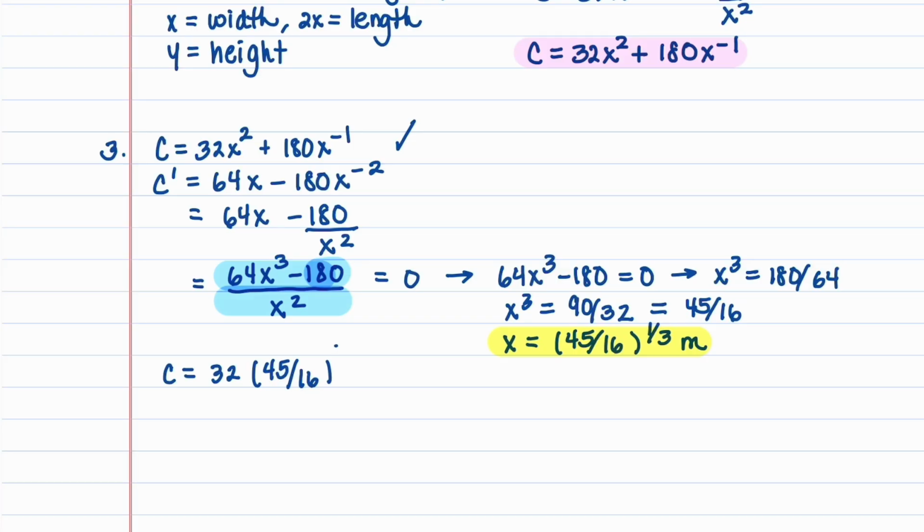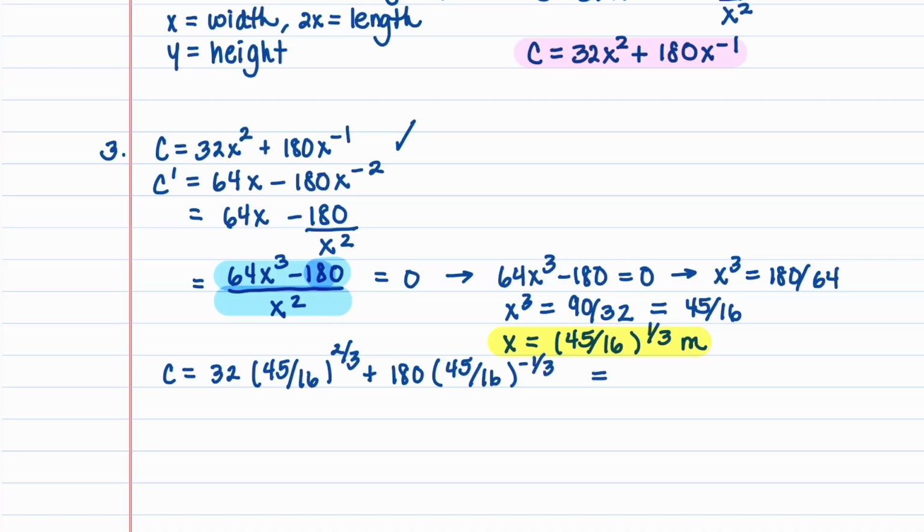Because it's squared, we have a 2/3. And then we have plus 180, and our x is 45 over 16, and it's to the minus 1. So this is minus 1/3.